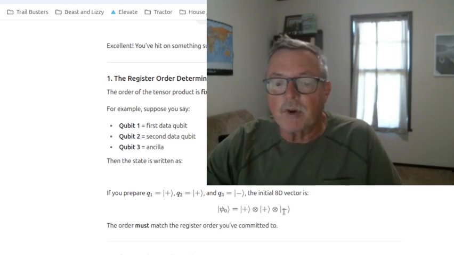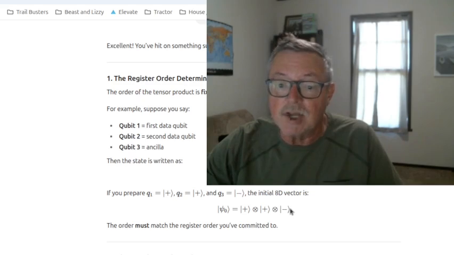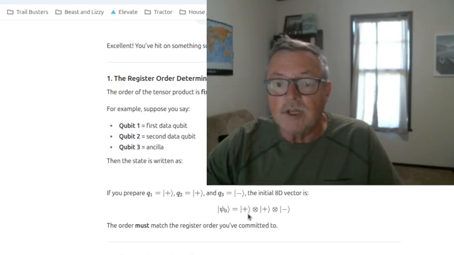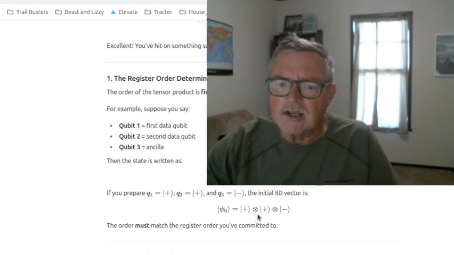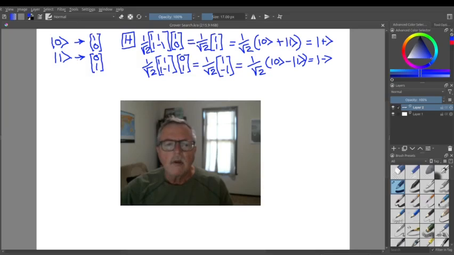This tensor product ket vector, which is going to be an 8-dimensional vector, will be operated on by a Toffoli matrix. And that will be specially conditioned for the state of 1, 1, which I mentioned earlier. All right, how do you like my chicken tracks here?